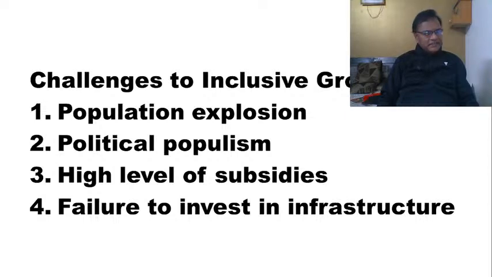What is this vicious cycle of poverty that we are talking about? We say that since people are poor, the government is giving them subsidies. Since government is giving them subsidies, they are poor. That is what we say.